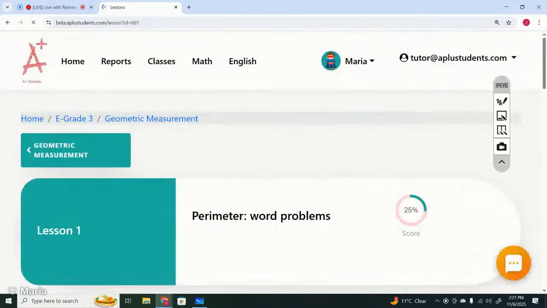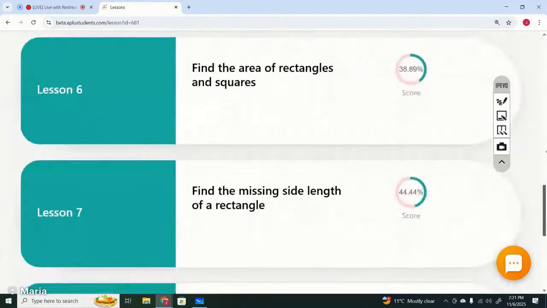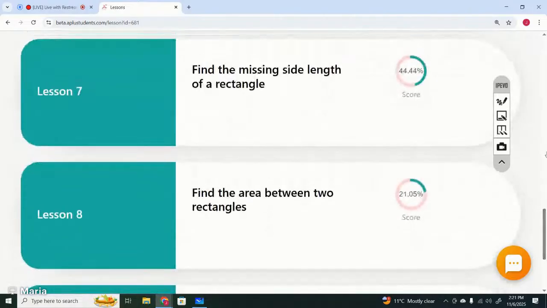The next lesson is find the side length of a rectangle.